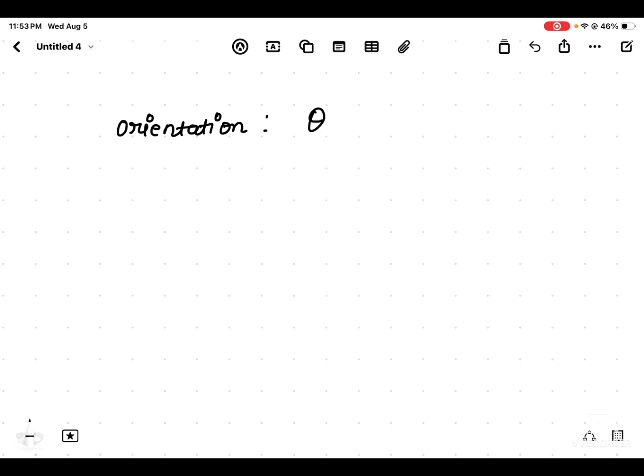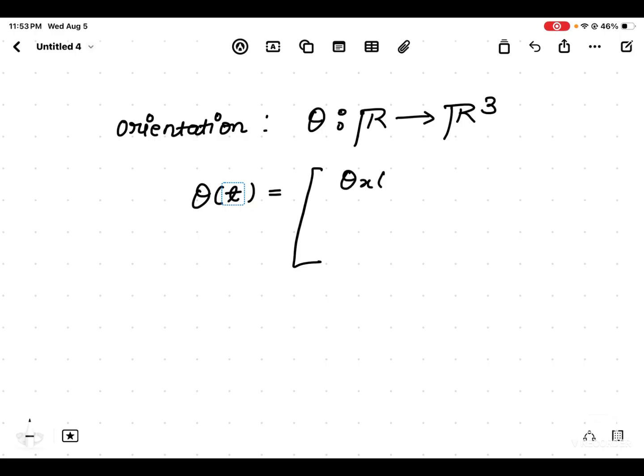So we represent orientation as theta, and it belongs to third dimensional space. So at a particular point in time t, we have roll value, pitch value, and yaw value.